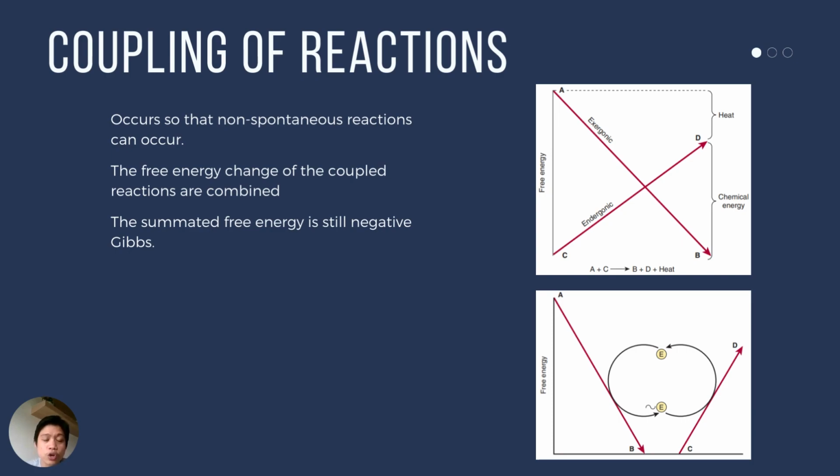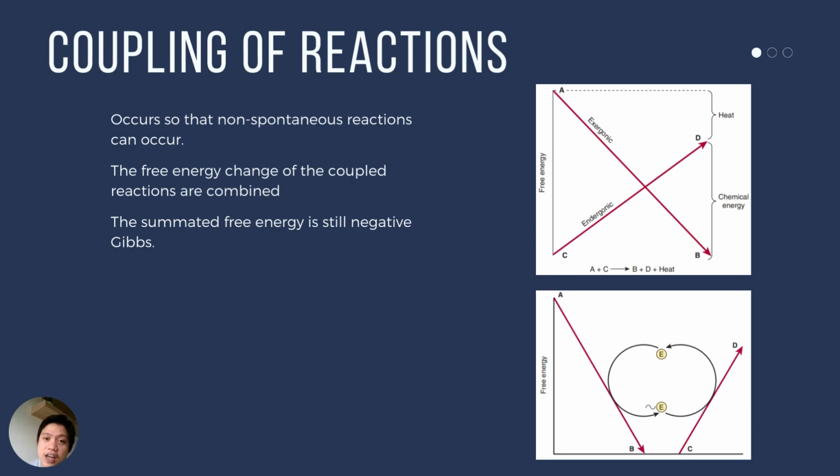This occurs so that non-spontaneous reactions, which are anabolic reactions, can occur. So let's take a quick look at this image at the top. At the x-axis, that would be the reaction progress. And the y-axis, that would be the amount of free energy.